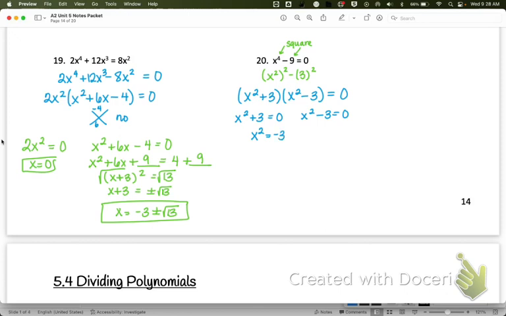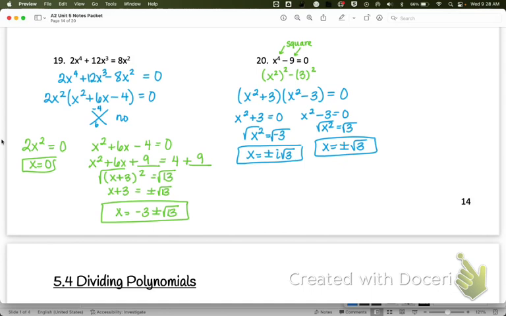We're going to get imaginary solutions on this one. Square root both sides. X equals plus or minus i root 3. There's 2 solutions. Here we add 3 to both sides, square root. So x equals plus or minus the square root of 3. We get 4 solutions altogether. 2 are imaginary and 2 are real.